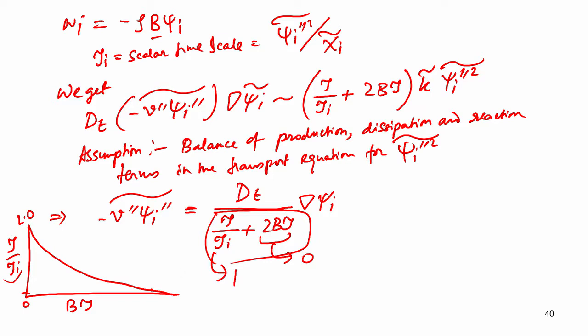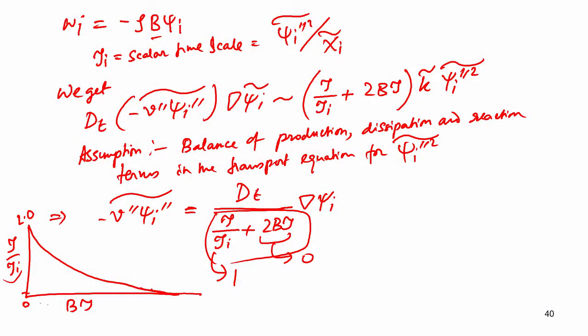So as a result, the gradient transport assumption fails in most cases when you try to apply it to the reactive scalar, okay. And what happens is that as B tilde increases, this T by tau I goes to 0, okay. As this goes to 0, the smaller the quantity, the further this assumption deviates from the basic gradient transport assumption.